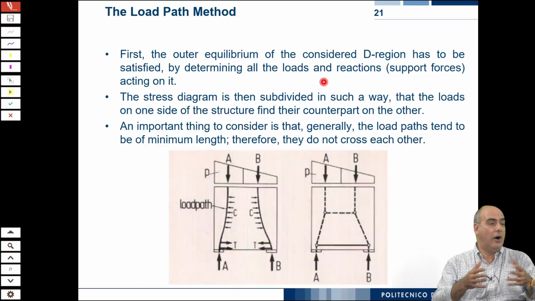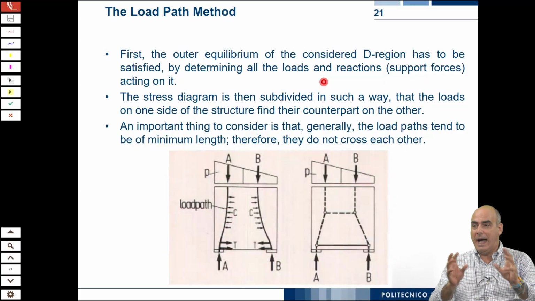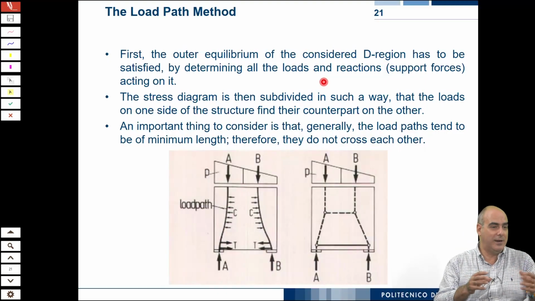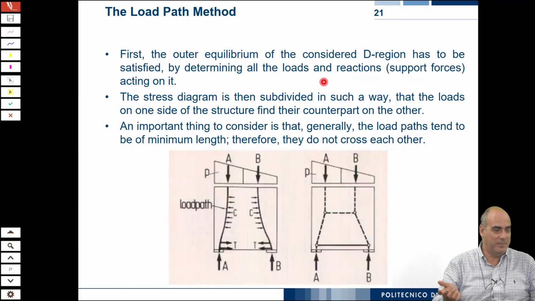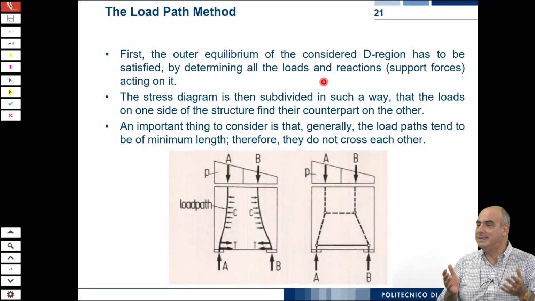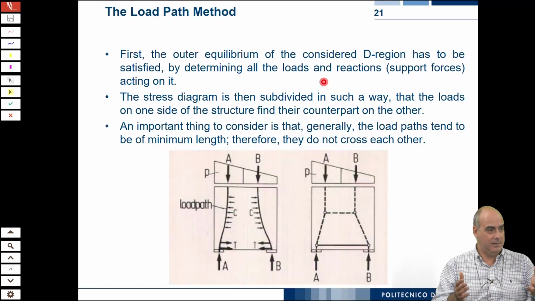Now, least volume energy. If we idealize our structure as a series of struts and ties, what is the volume energy? It is the integral of stresses over some cross section multiplied by the lengths. So if we have to minimize the energy, we have to minimize the length of the strut and tie.